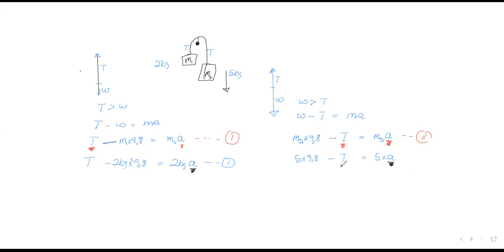And then that is the same tension there. So you have equation 1 and equation 2, which can be solved simultaneously. And then you have a number there, you have a number there, you substitute, then that's it.